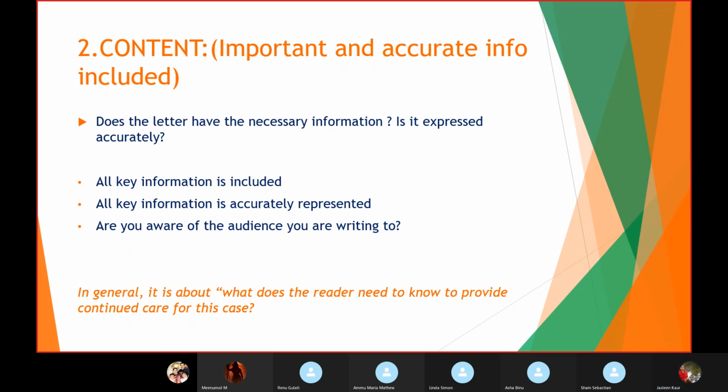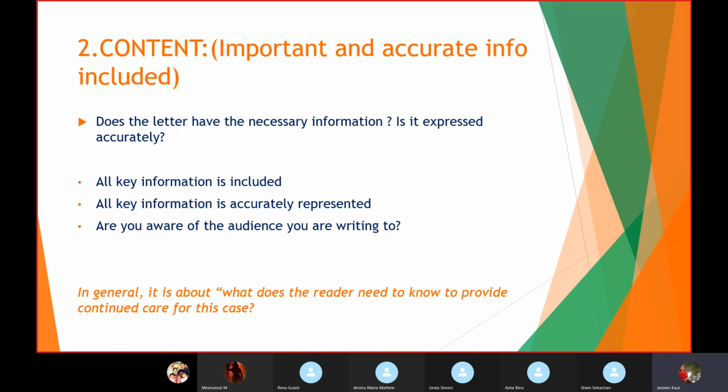Now, if you start your paragraph that Mr. X has been diagnosed with diabetes since 2007 and he takes this, that is a very wrong start.